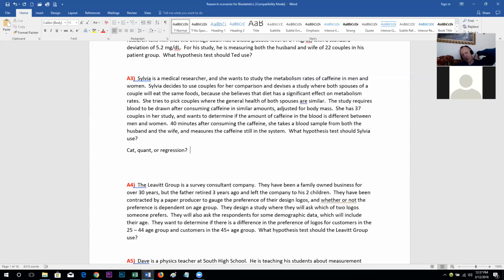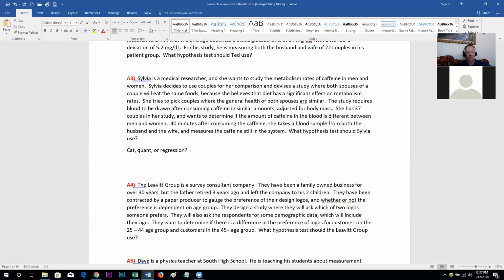But yet, where she grabbed them is from spouses of similar general health. Right. So, in a way, it's not regression. Okay. Trying to consume blood amounts. She has 37 couples.